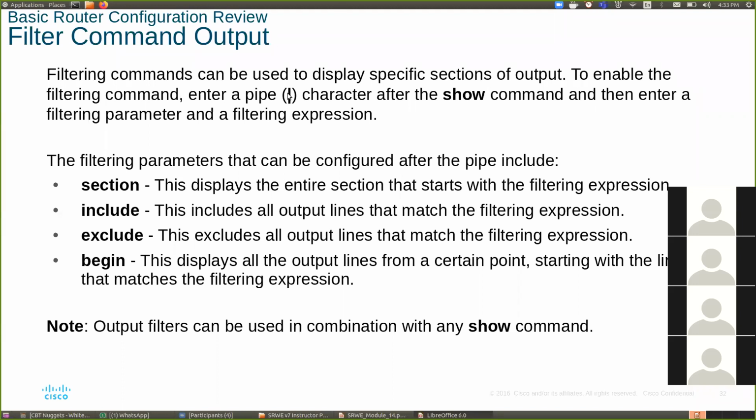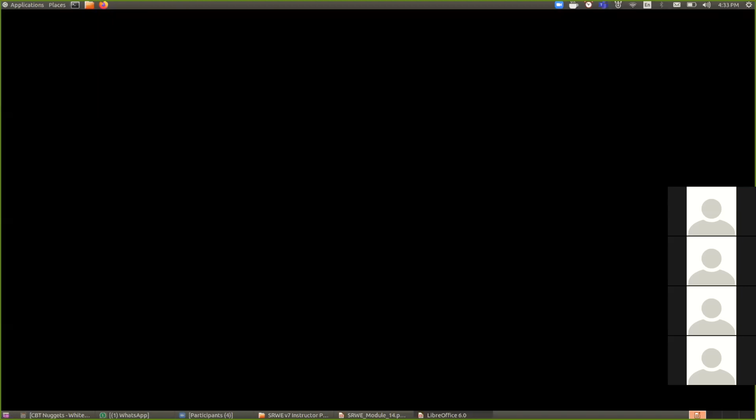You can use it to pick what you want to see on your screen. If you type show running-config, you will see a whole lot of commands, and you don't want to look at all those things. You only want to check specifically your DHCP configuration. So you can use the filter command so that only the DHCP configuration will appear on your screen. I hope it's very clear.